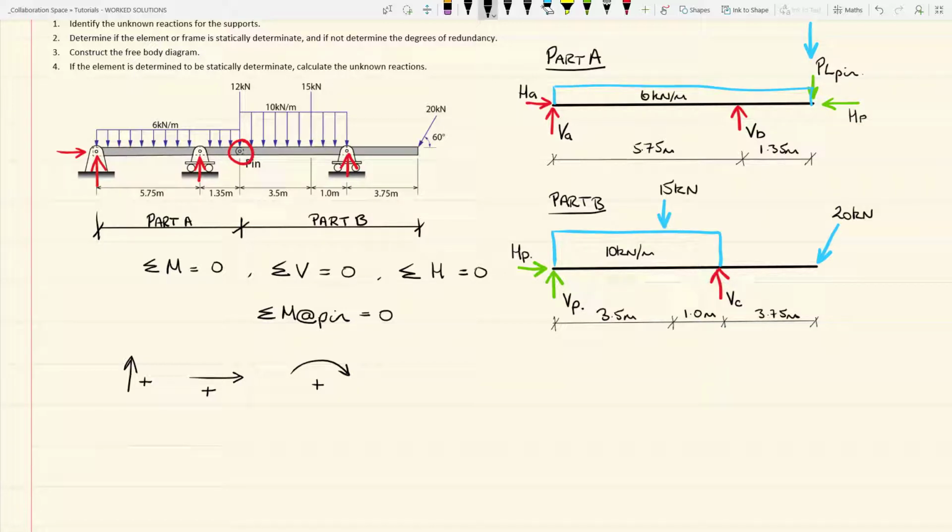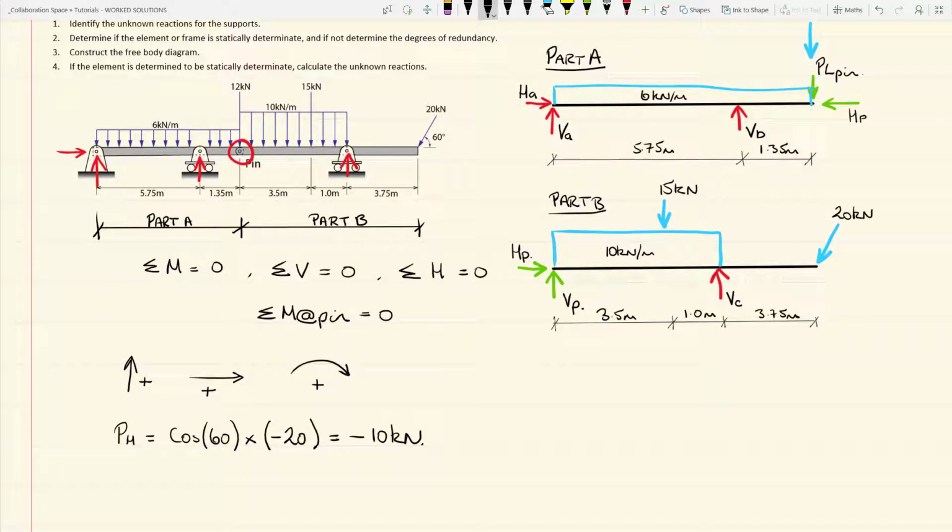So for the horizontal component of the point load, PH, that equals the cosine of the angle, 60 degrees, times the magnitude of the load, and the load is minus 20 kilonewtons, and that equals minus 10 kilonewtons.